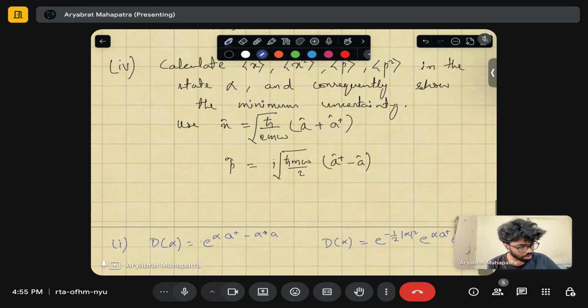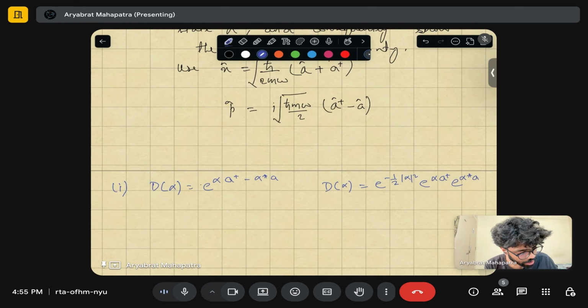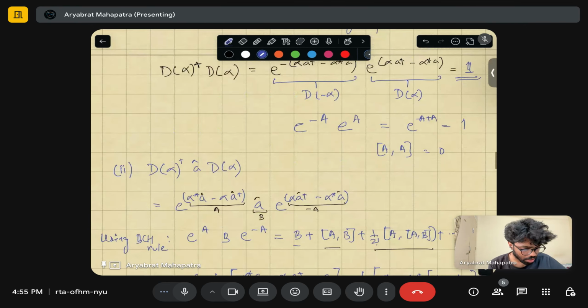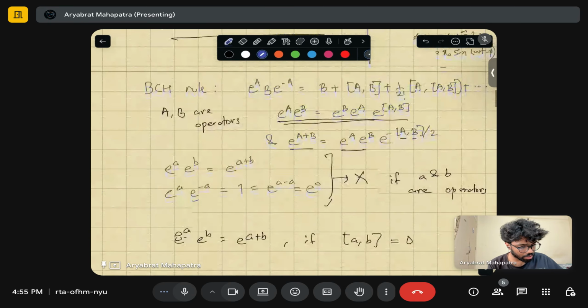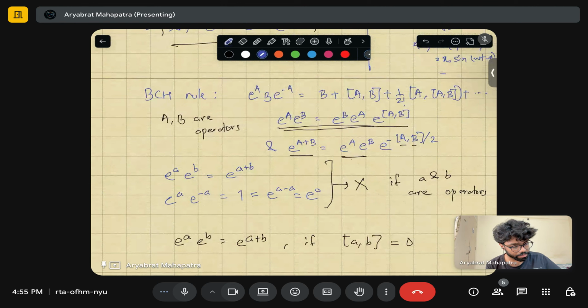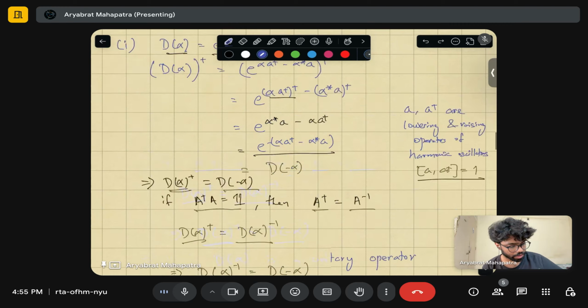To get from this expression of D alpha to the other, you can use the BCH rule, as we discussed right at the beginning, right here. You can use this BCH rule to re-express your displacement operator in the following way, which I just wrote here.